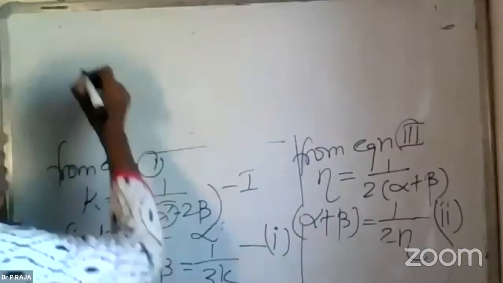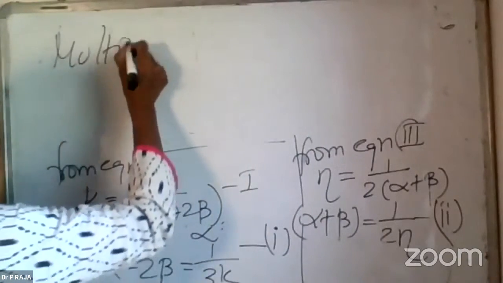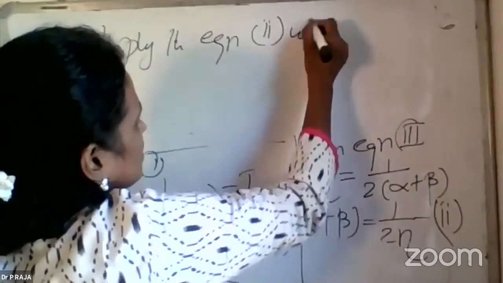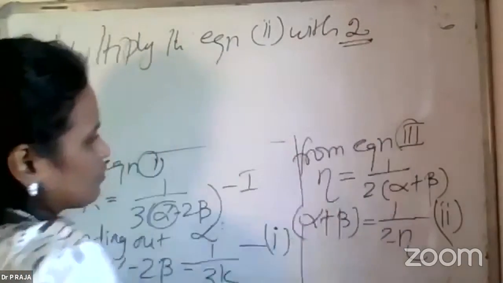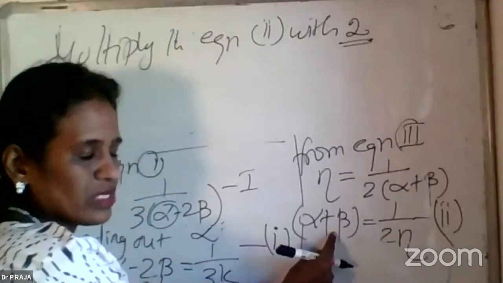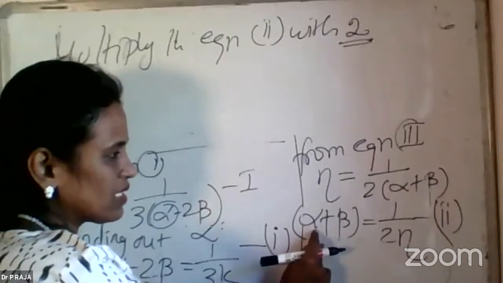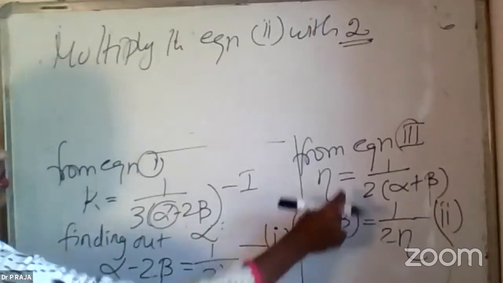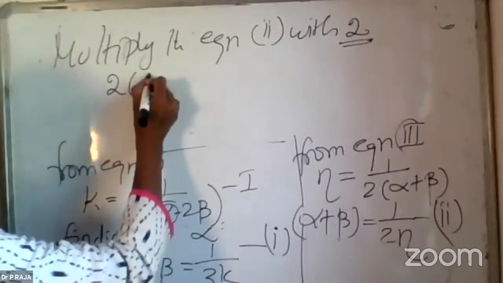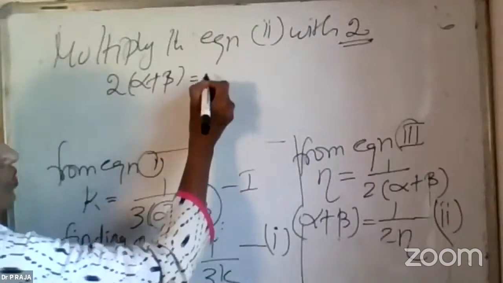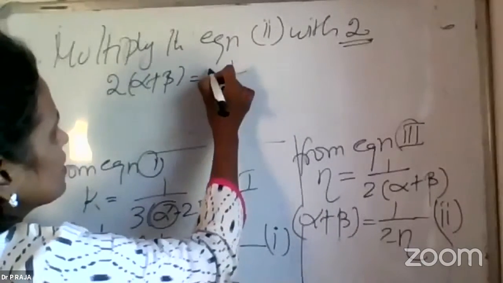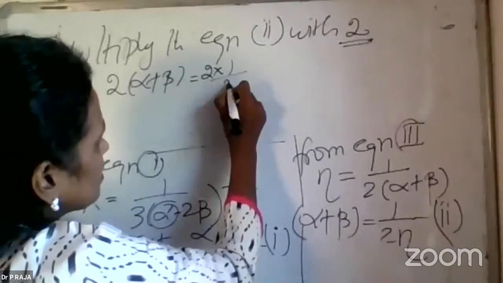Before we add, we need to multiply equation 2 by a factor of 2, because here it is 2 beta, and we need to get this also in terms of 2 beta. So multiply this by 2, and you will get 2 into alpha plus beta is equal to 2 into 1 by 2 eta.